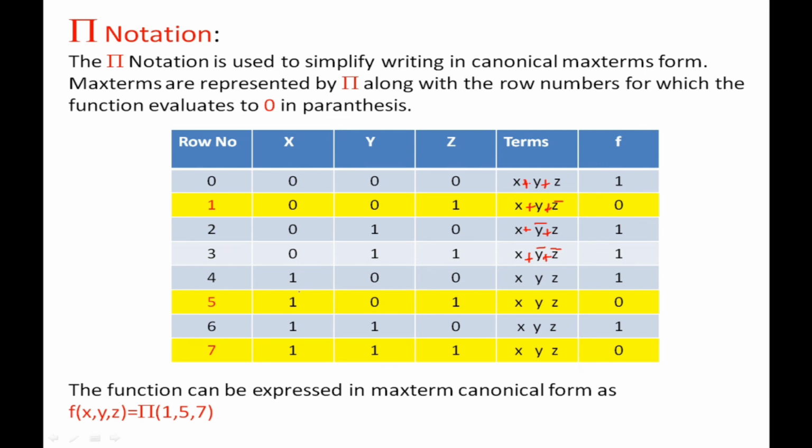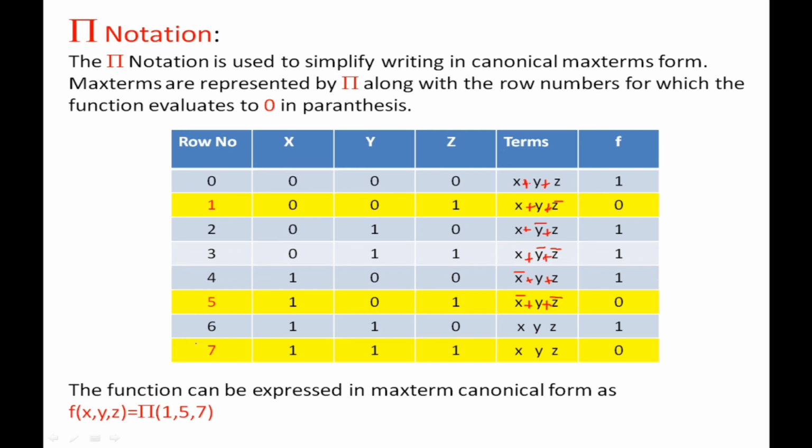Then for the fourth row, 1 0 0, where x is 1, y is 0 and z is 0, x is 1 means x bar plus y plus z. In the fifth row, it is 1 0 1, that is x bar plus y plus z bar.